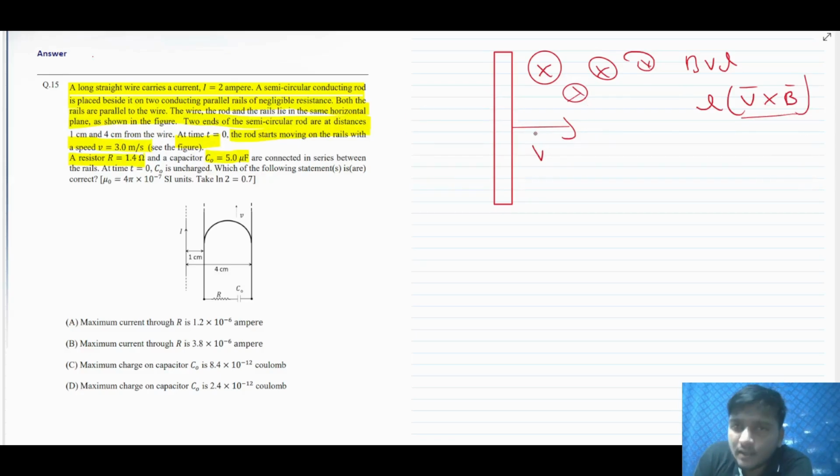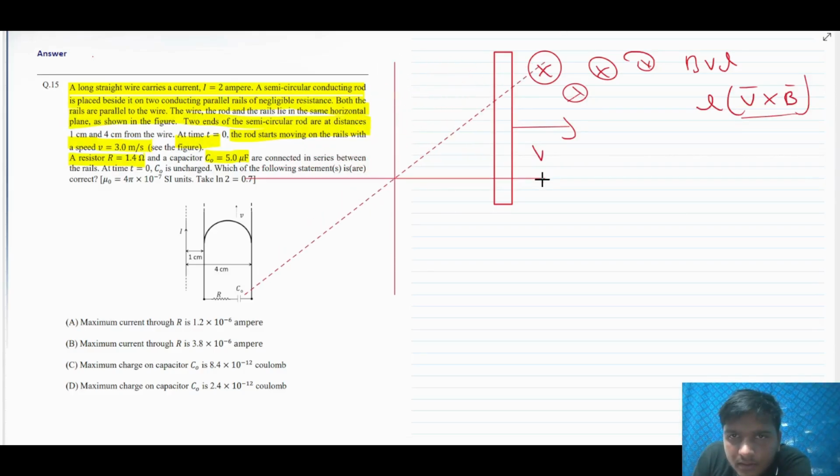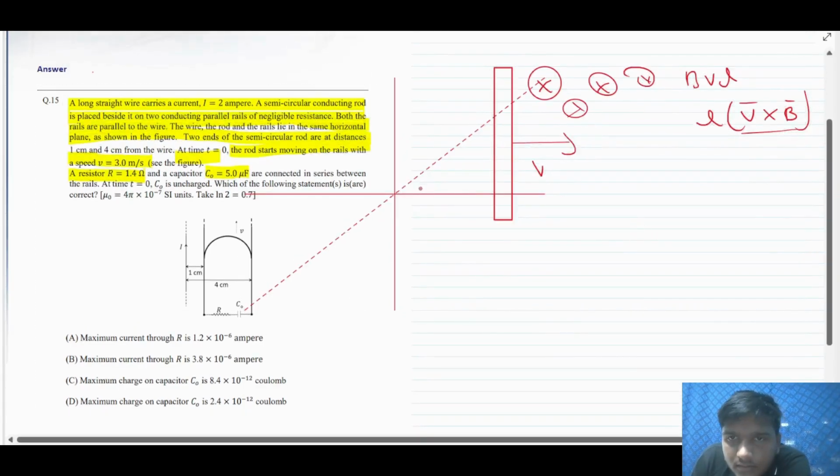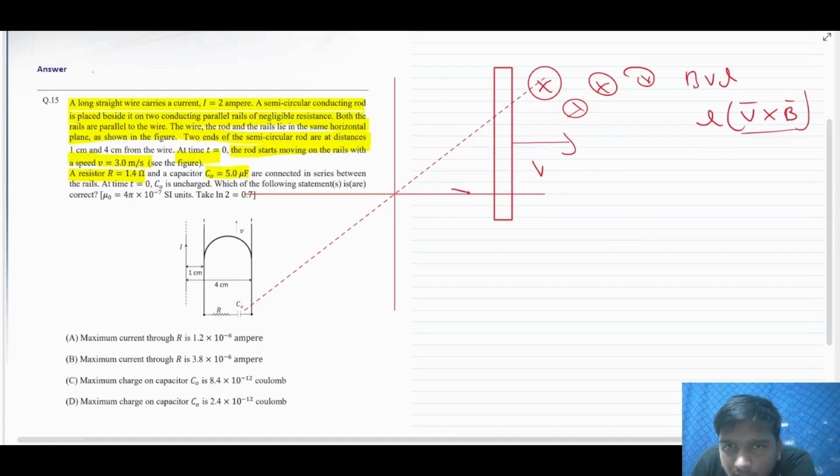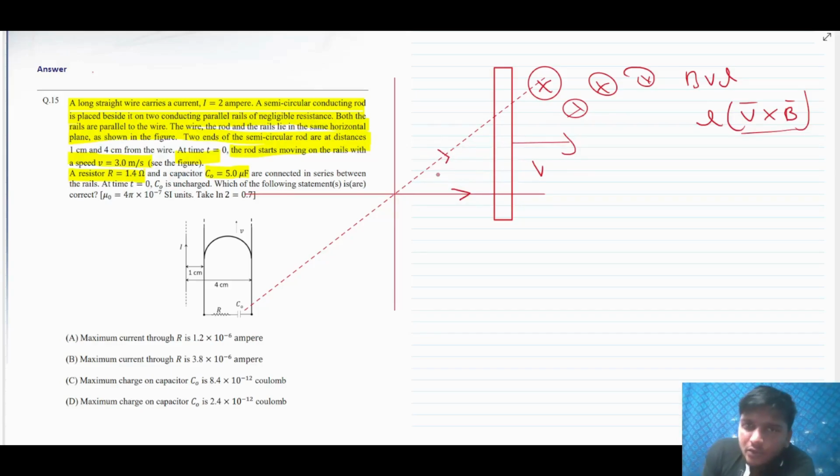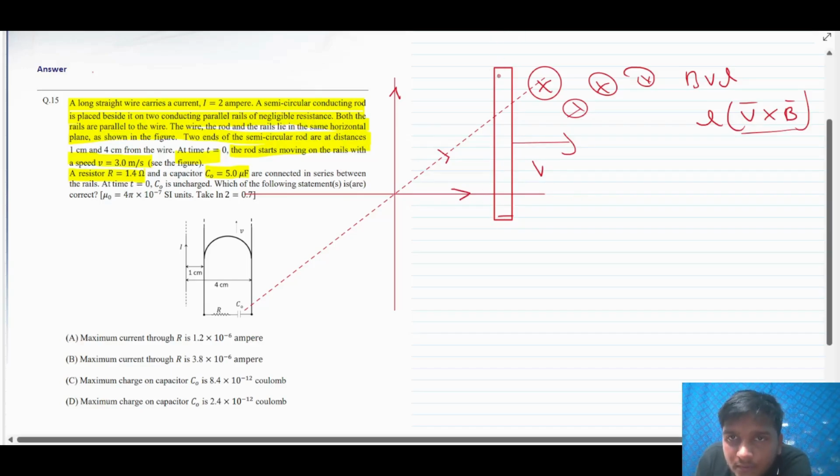Let's suppose this is our X, Y, and Z axis respectively. Our rod is moving in the X direction. Where is the magnetic field? It is in the minus K. So X cross minus K, what will it give? It will give us the J direction, okay? So it means the positive terminal of our EMF generated will be at the top.